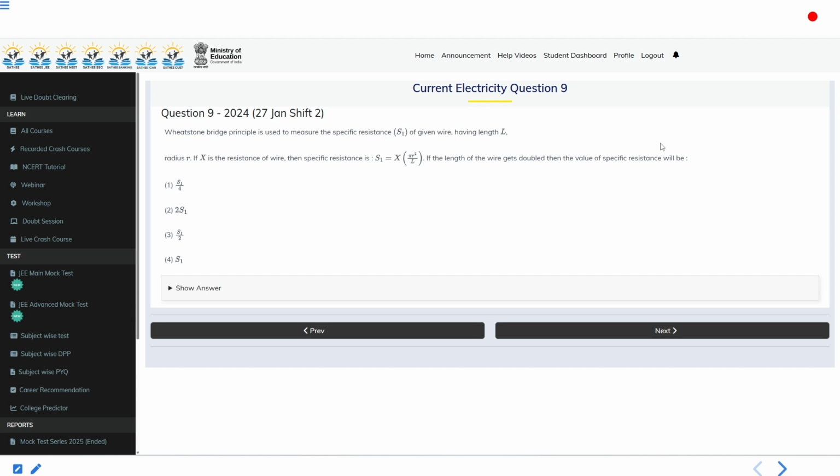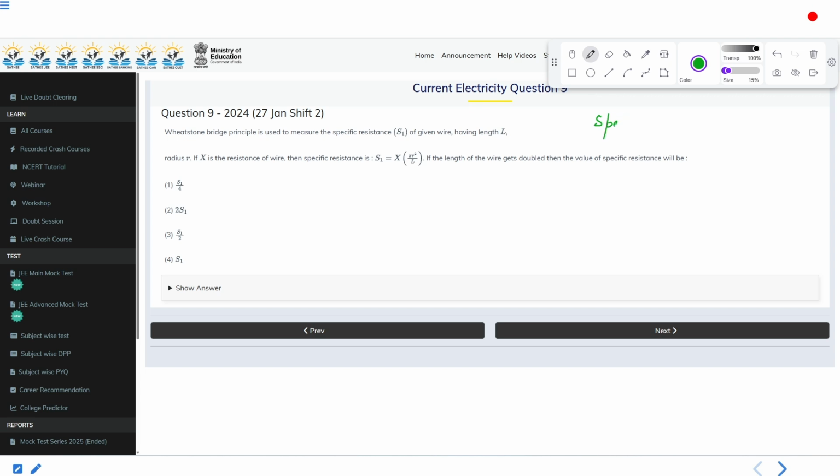So what is specific resistance? Specific resistance means resistivity, which is also known as rho.